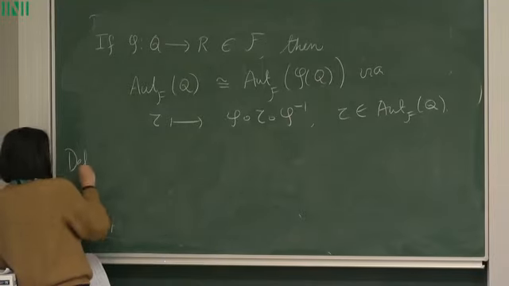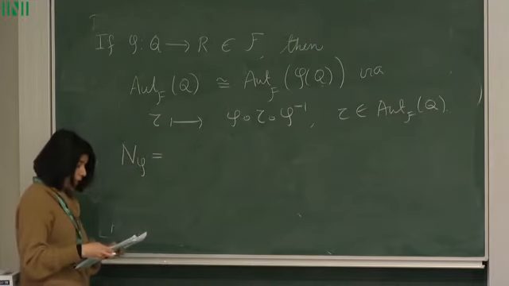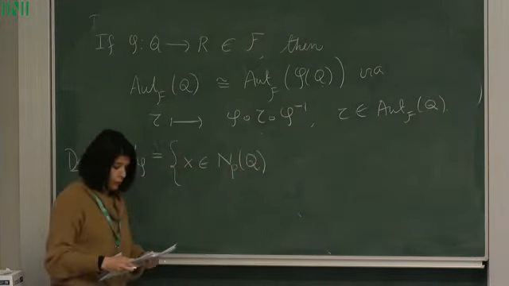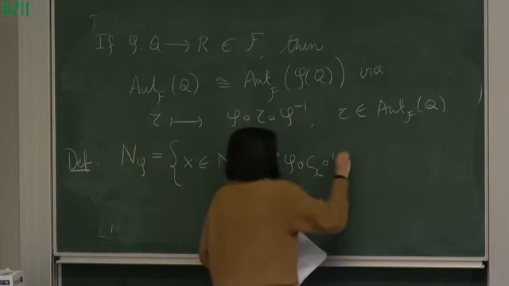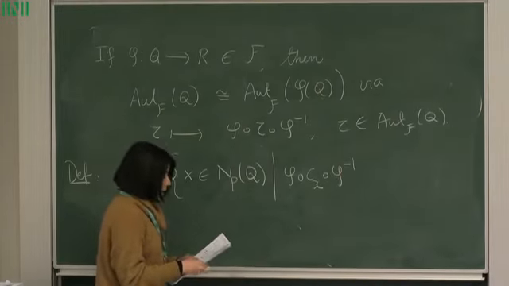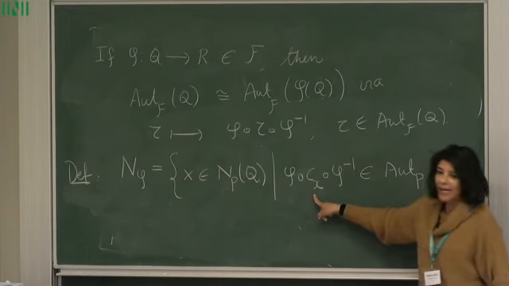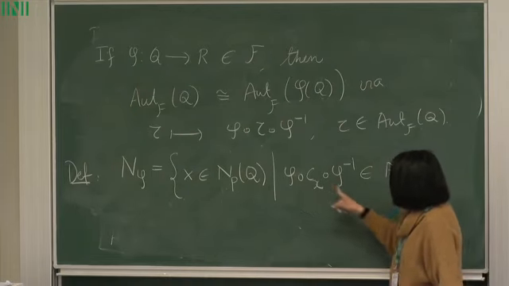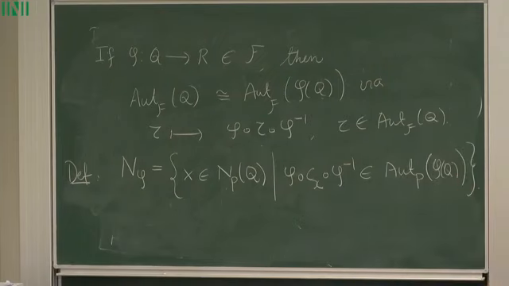And now we make a definition. So with this notation, you start with a morphism starting in Q. To every morphism phi starting in Q, you can associate the set N_phi, which is a subset of the normalizer in P of Q, such that if you conjugate c_x, when I'm thinking of c_x as an automorphism of Q to itself, you conjugate c_x with phi, you land inside Aut_P of phi(Q).